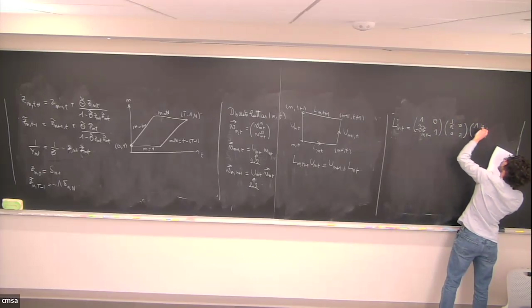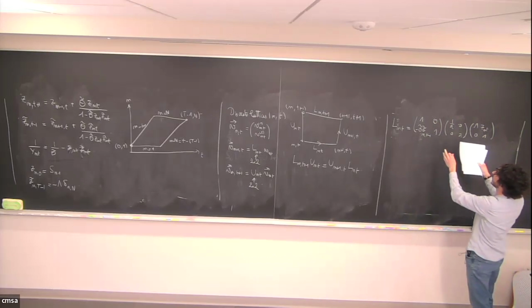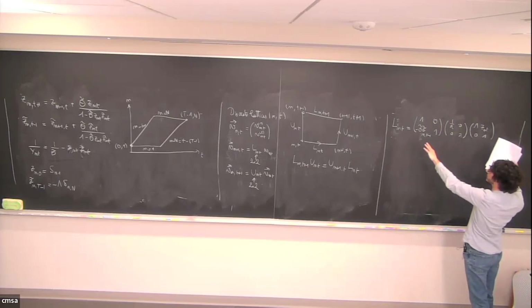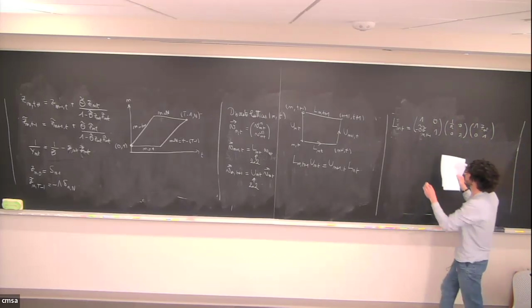I could combine all the matrices together, but actually I like to have this as a product where I separate the fields Z tilde and Z. And I chose this matrix so that its determinant is actually 1.